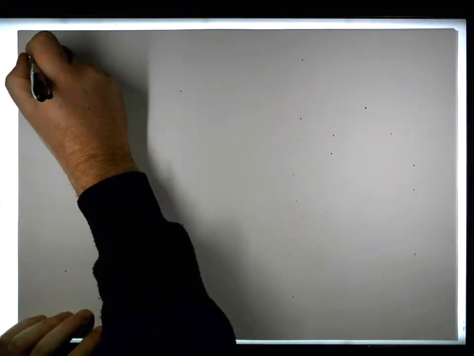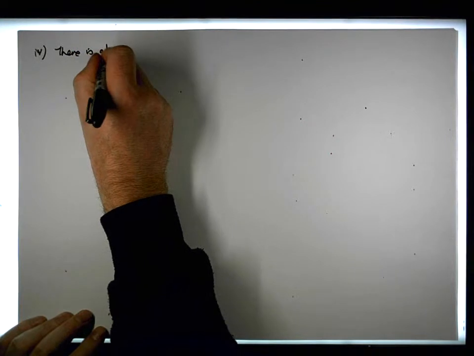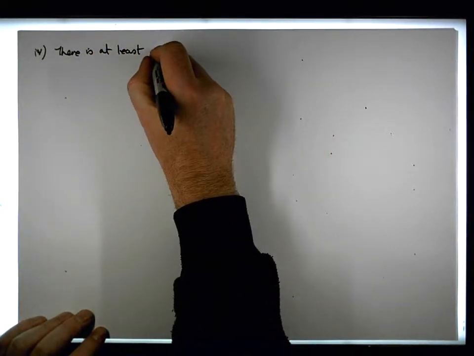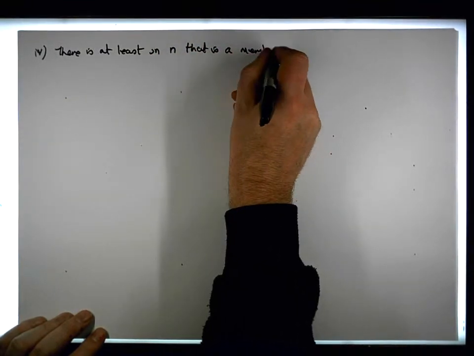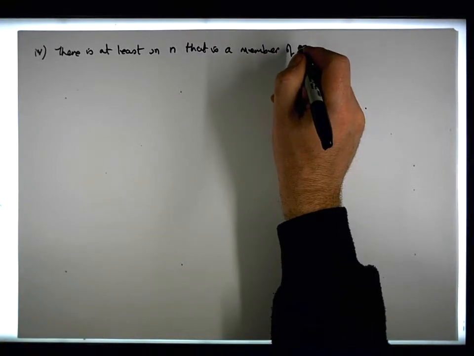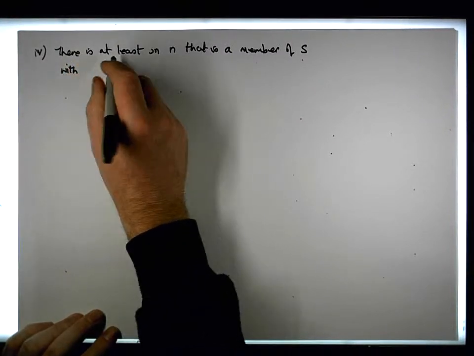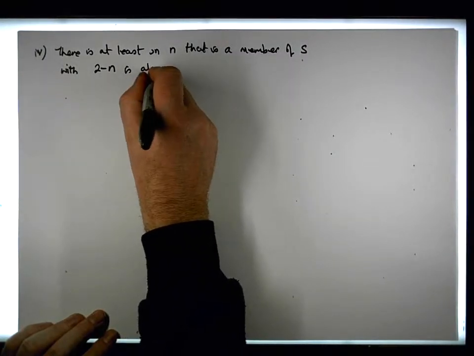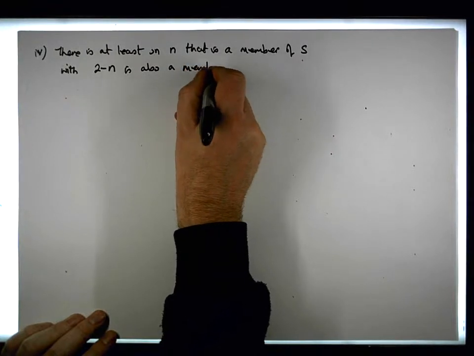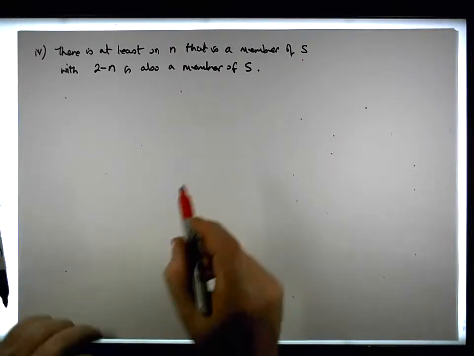So let's say IV, and let's say there is at least one n that is a member of S, with the property that 2 minus n is also a member of S. Okay, so once again, the quantified piece is here.